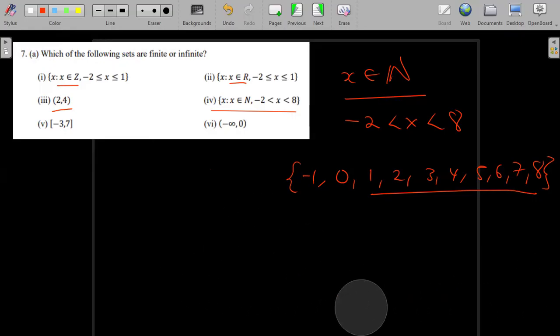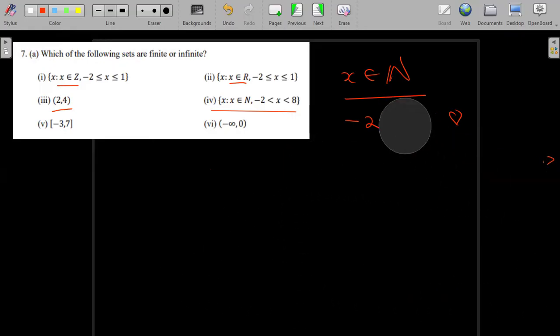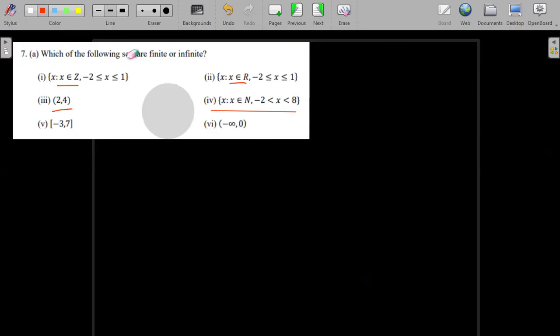We have then part 5. So part 5 is just -3 to 7 like this. So again, we use the same concept. -3 and 7 are part of the set, of course, because I have square brackets here. But in between these numbers, there are infinitely many numbers. So this is going to be an infinite set.